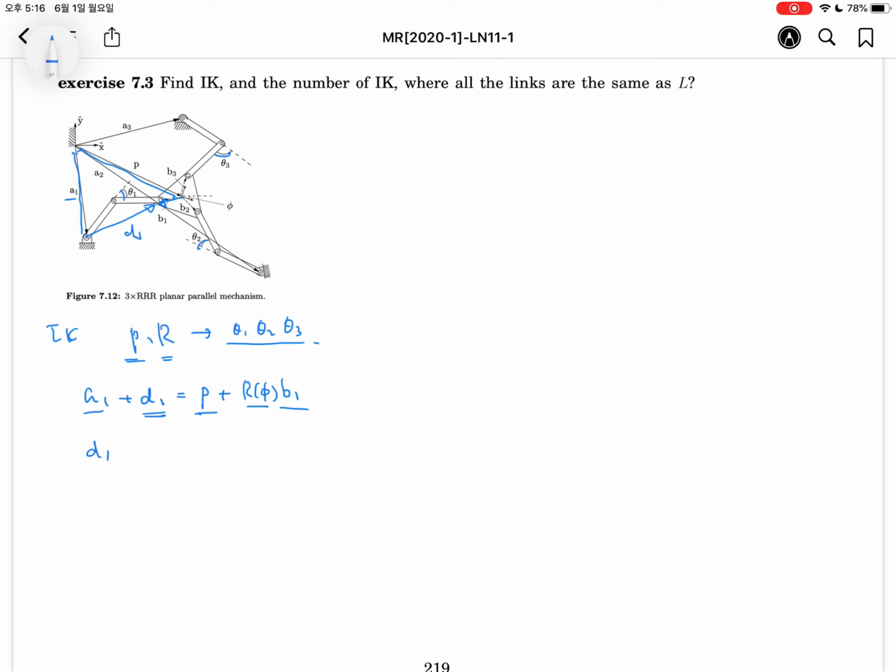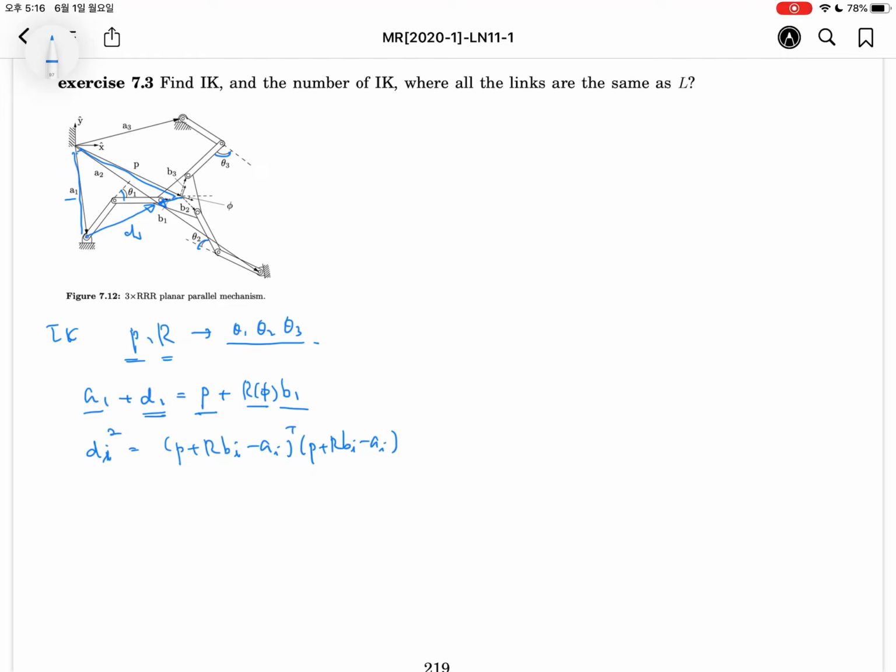Okay, so D1 square, if you generalize this equation using the index i, Di square will be (P plus R Bi minus Ai) transpose (P plus R Bi minus Ai).